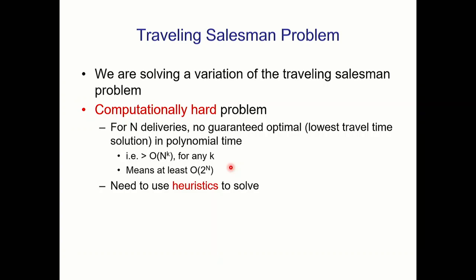Heuristics are just smart, educated guesses to guide the problem to find a good solution, what we call a good enough solution. It might not be the optimal solution. We cannot prove that it's going to be the optimal, but we can live with that as long as we can find the solution quickly, okay? And there are obviously heuristics that are better than others in terms of achieving better quality of results or better traveling time in this case.